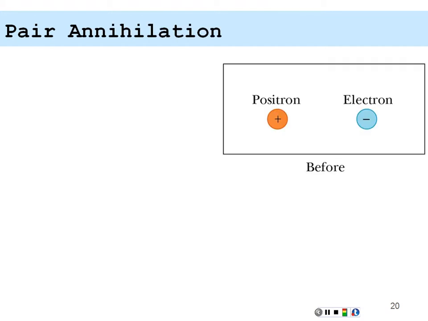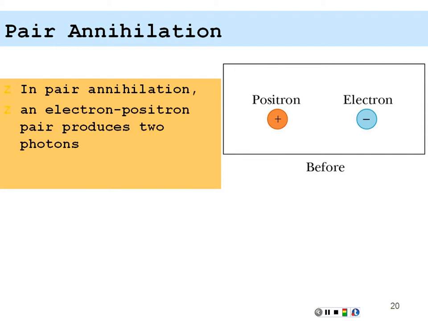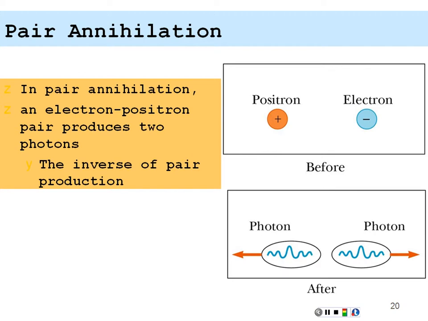You also could have pair annihilation. Take matter and antimatter, bring them together. They can annihilate each other and give you energy. In pair annihilation, an electron-positron pair produces 2 photons, the inverse of pair production. You can't get 1 photon because you still have to conserve momentum.